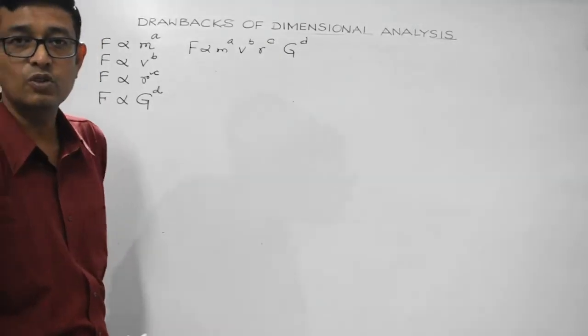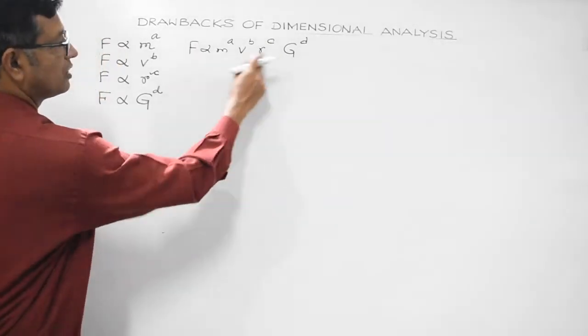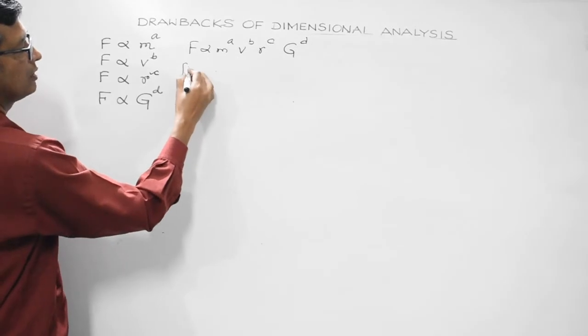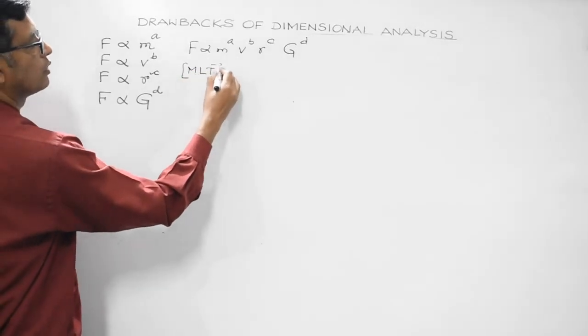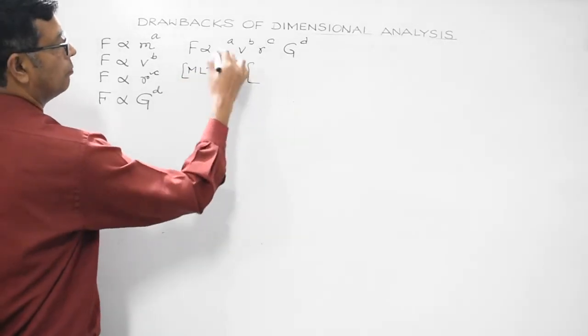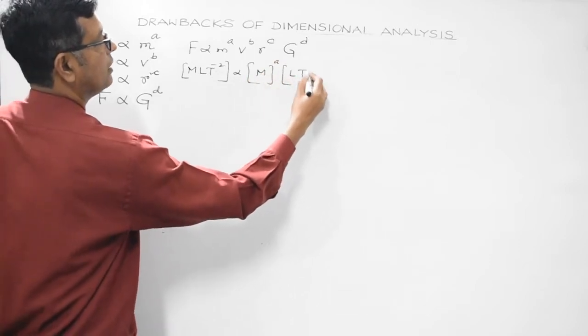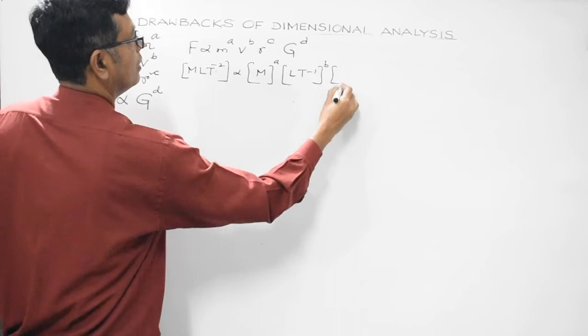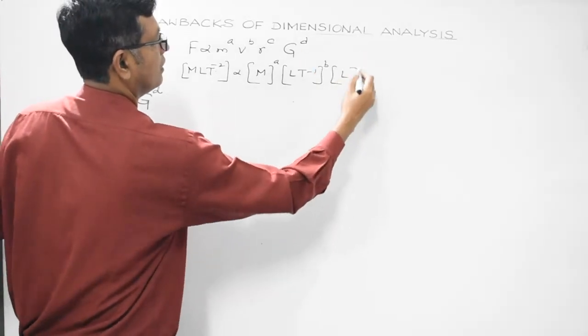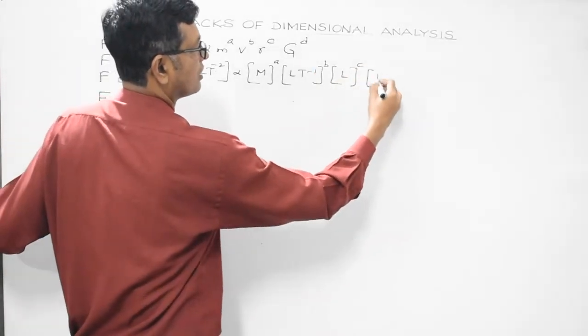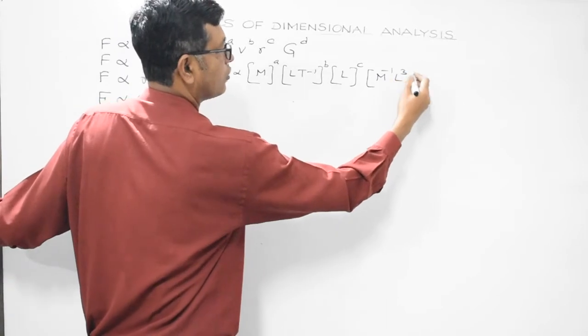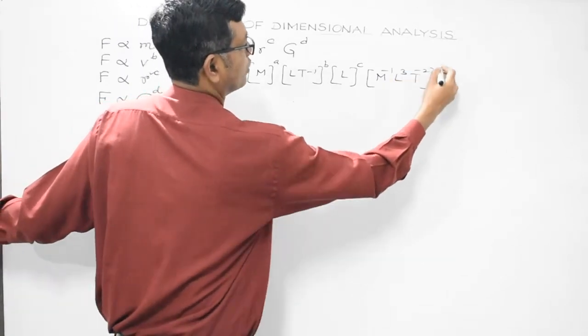Next step is to substitute the dimensions of these physical quantities. Force, it is M L T to the power minus 2. Mass, it is M. Velocity, it is L T to the power minus 1. Radius, it's L. Gravitational constant, it is M to the power minus 1, L cubed, T to the power minus 2.